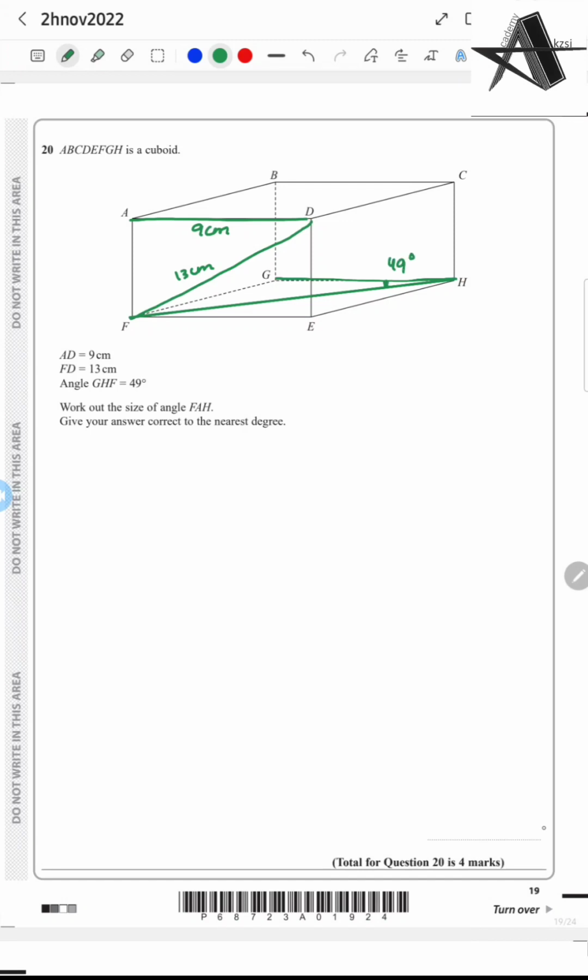Work out the size of angle FAH. FAH, that means this angle. This you have to find.